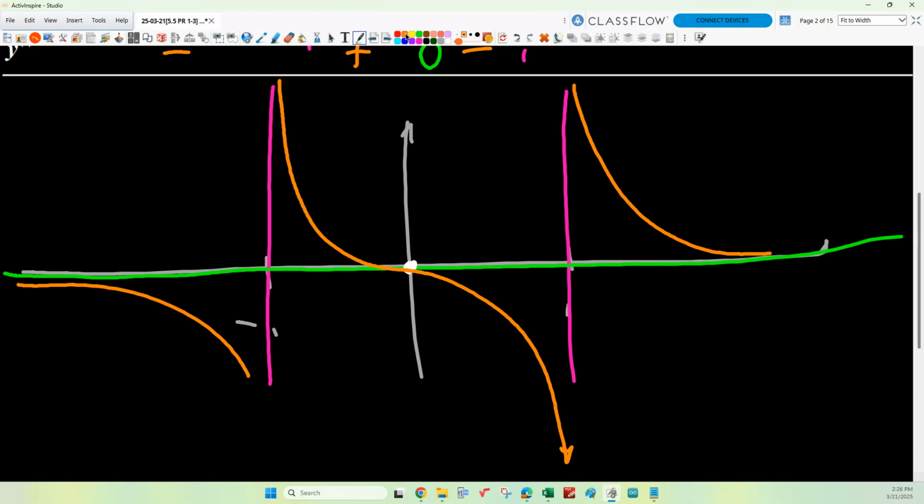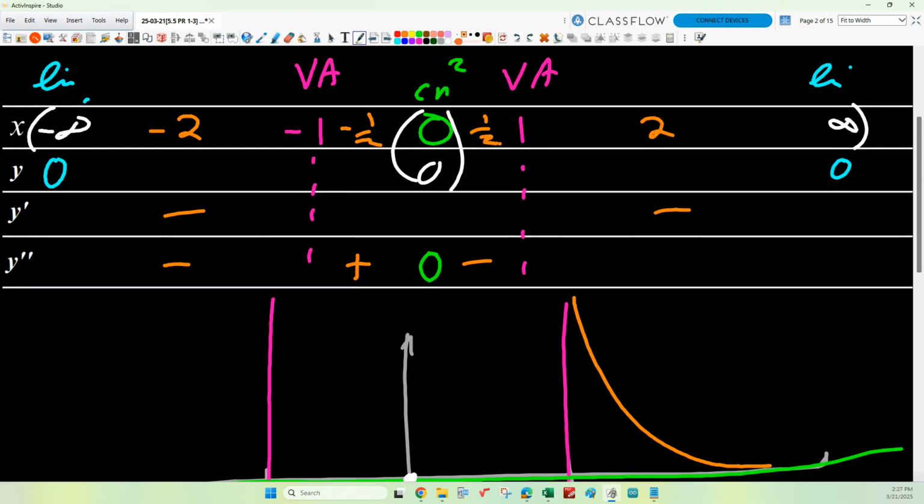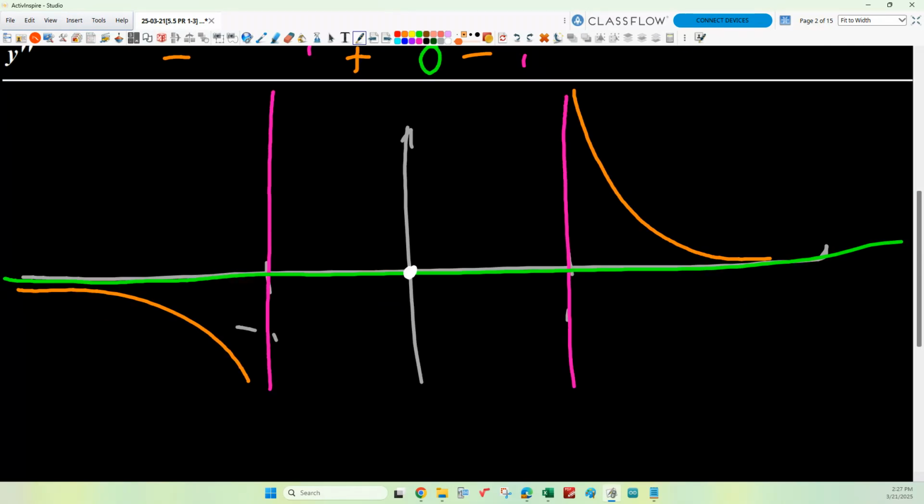Does it actually ever have a horizontal asymptote? Let me draw that again, because it almost looks like I drew it with a horizontal asymptote. But it doesn't, does it? We know it doesn't. How come? Because the first derivative would have had to have been 0 then for it to have a horizontal asymptote. And it doesn't, right? So then this thing actually has to look like this.